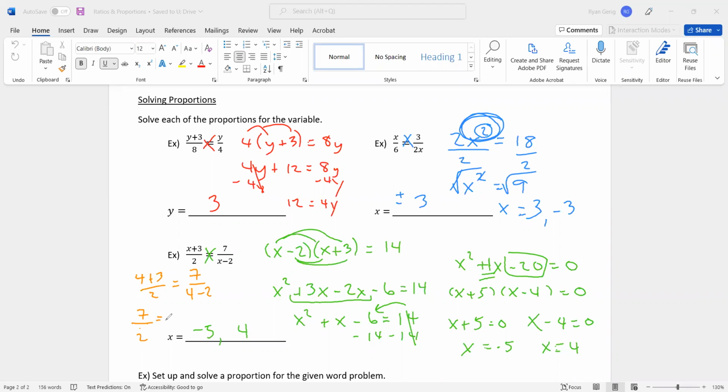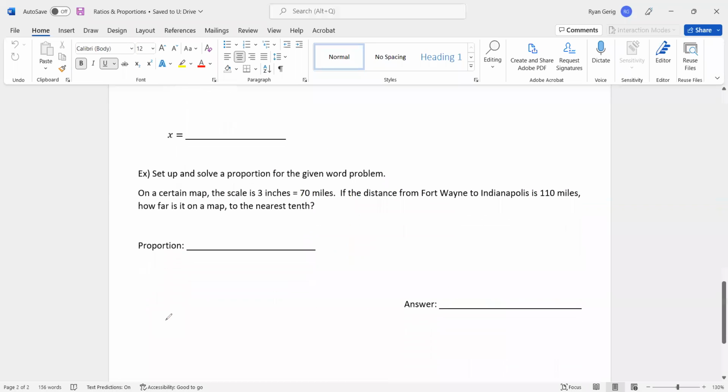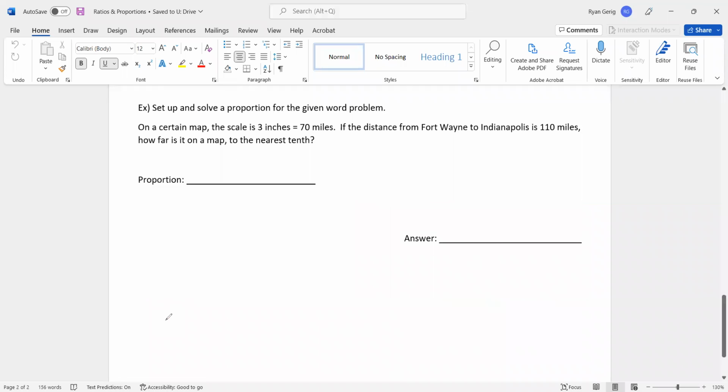And look what happens on the right hand side. 4 minus 2 is 2. 7 over 2 equals 7 over 2. Both numbers made true statements, so they're both solutions. Okay. You are going to have to do that. So if you want to watch that again, might be a good idea.